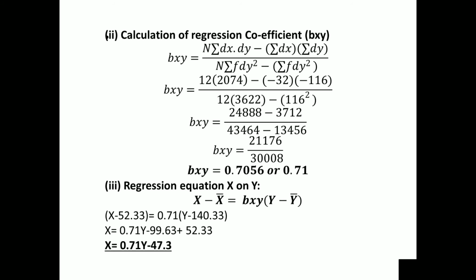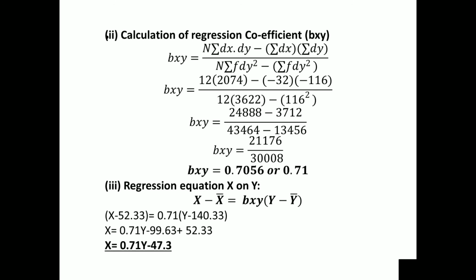Now we should calculate the value of the regression coefficient of x on y, that is bxy is equal to n into sigma dx dy minus sigma dx into sigma dy, divided by n into sigma dy square minus sigma dy whole square.